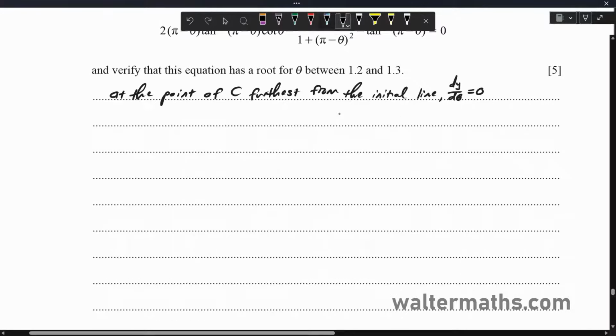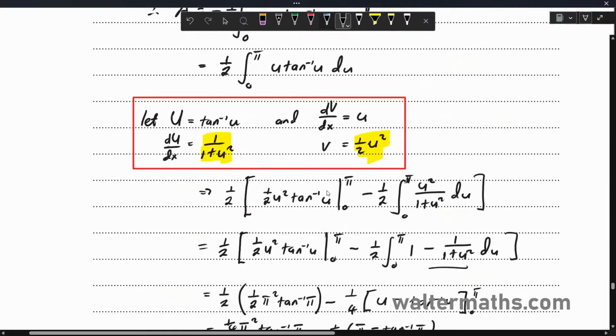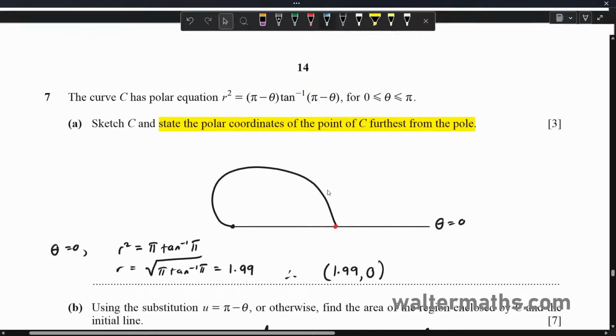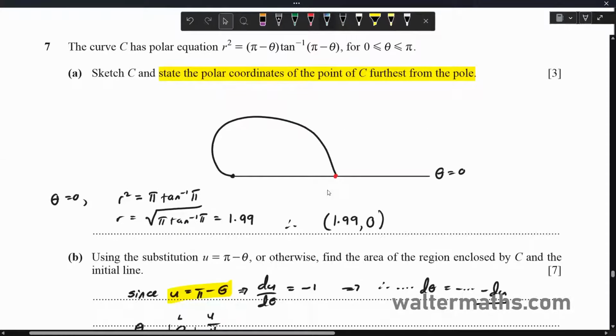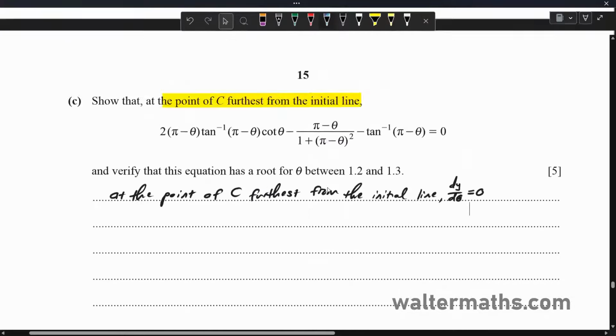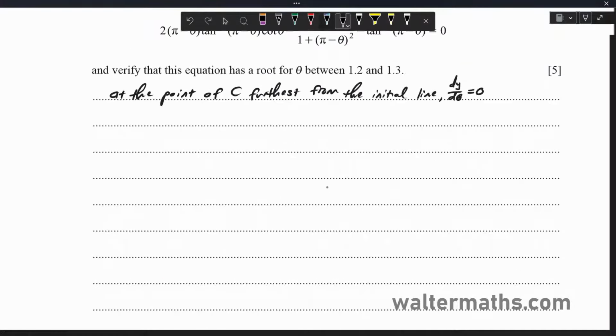So in this case, the original curve is r squared is equal to pi minus theta of arctan of pi minus theta. So we have here r squared is equal to, like they said, pi minus theta of arctan of pi minus theta.